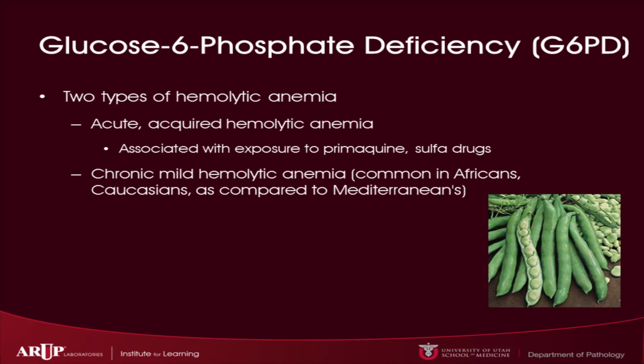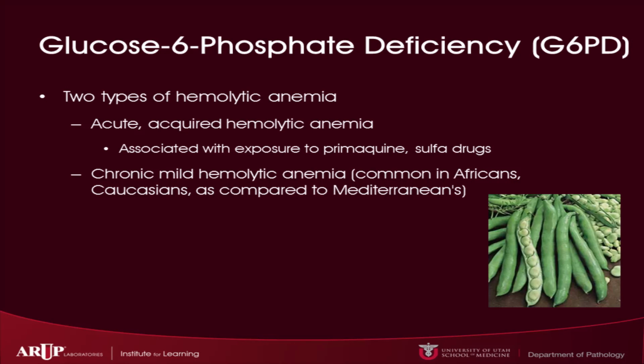The clinical presentation could be acute acquired hemolytic anemia. Many of these patients, or patients having particular mutations, are more prone to hemolysis or destruction of the red blood cells when they are exposed to certain drugs, beans or dyes.